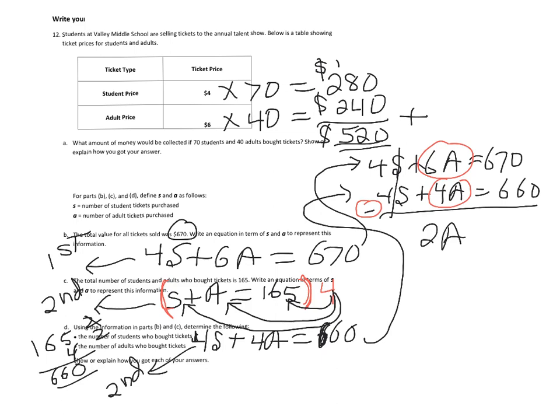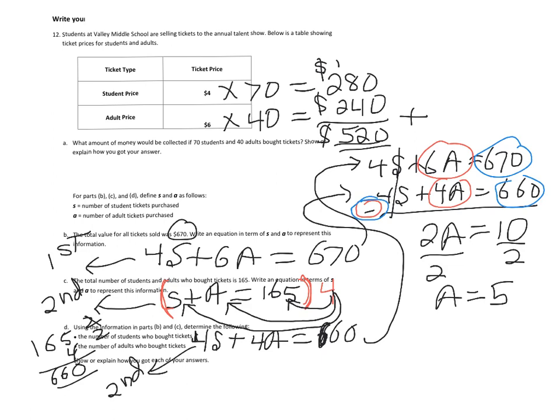How about 670 minus 660? That equals 10. Now we divide both sides by 2. So A equals 5.